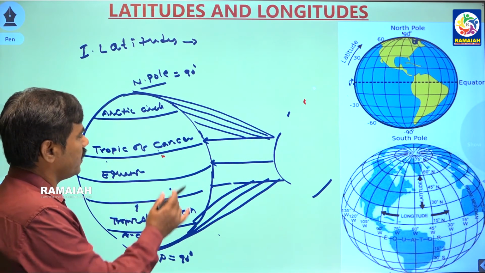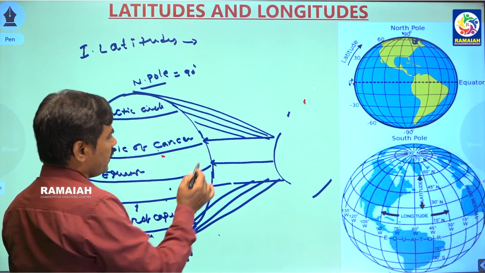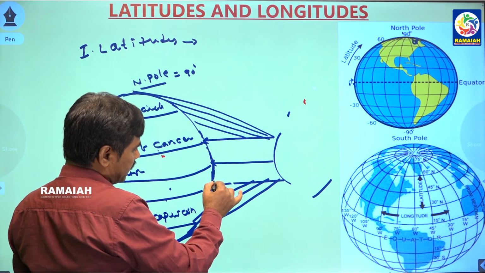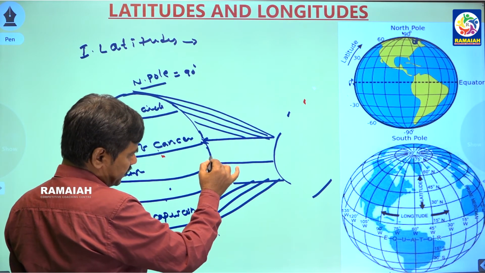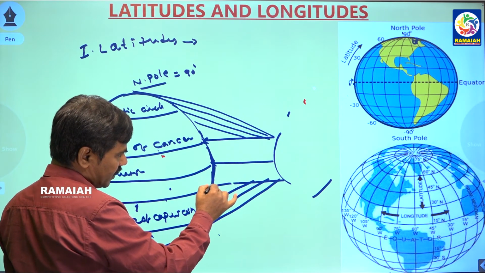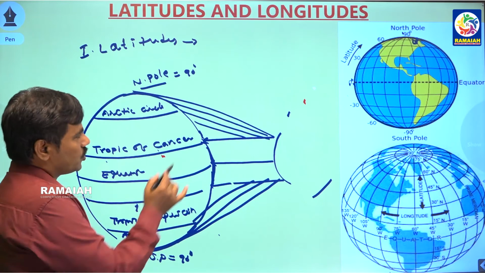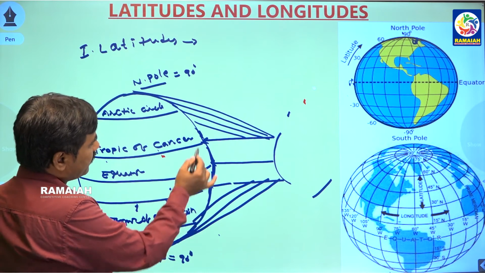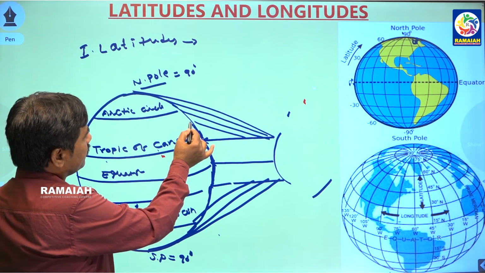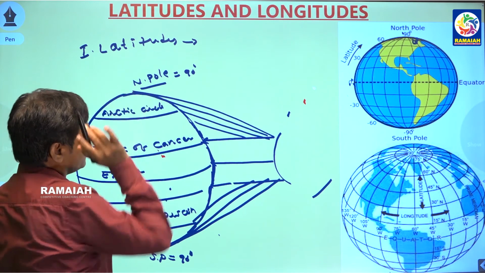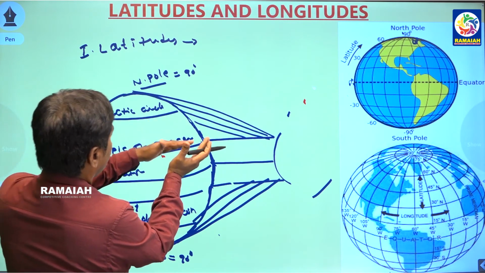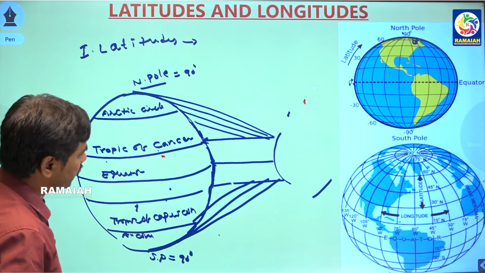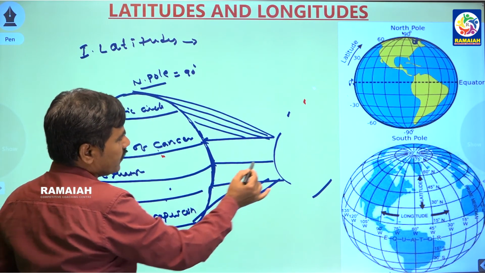Beyond Cancer and Capricorn, going toward the poles, the Earth gradually curves away and decreases. That's why the area in between is near to the sun.